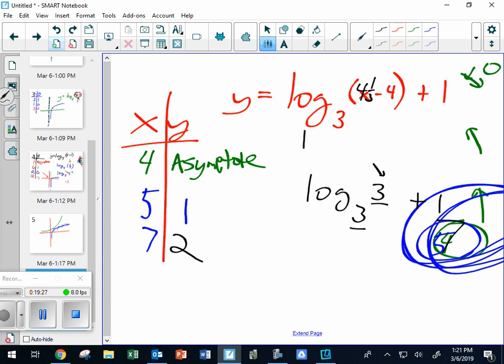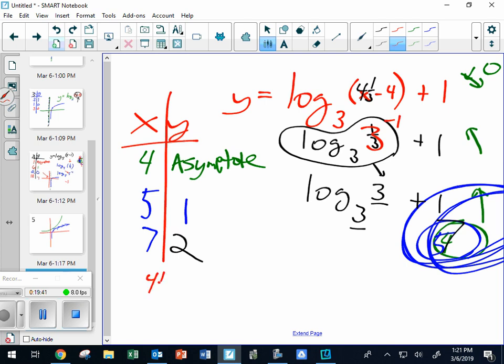Log base 3 of 1/3 plus 1. Because this part is 3 to the negative 1, it's negative 1 plus 1 is 0. You said 4 1/3, comma, 0, and you were right. Good job.